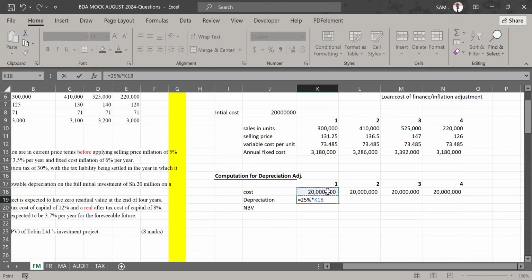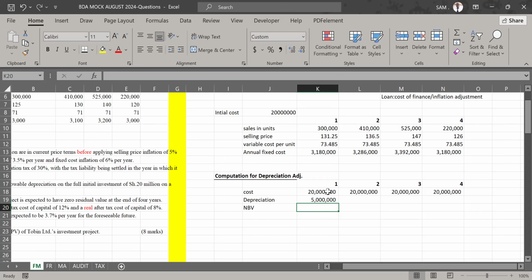In year one, it is 20. Because the costs are the same, the depreciation charge per year for the next 4 years will also be an equal amount. So I'm getting 5 million, the same 5 million each year for the 4 years. That is the straight line approach of computing depreciation.